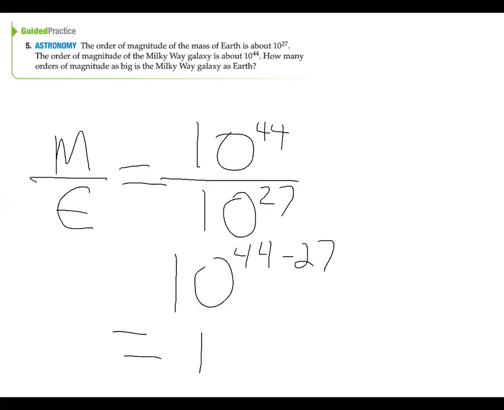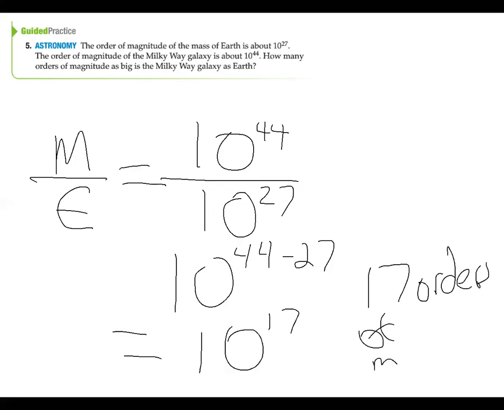So that's 10 to the 17th. Okay, so it's 17 orders of magnitude. So the Milky Way galaxy is 17 orders of magnitude larger than the Earth.